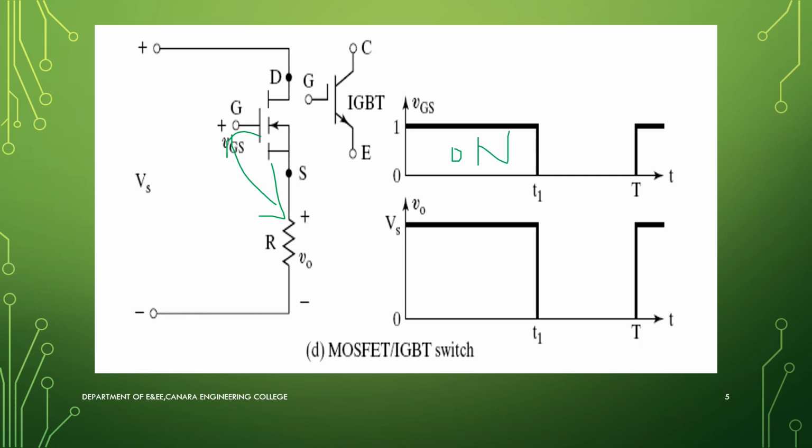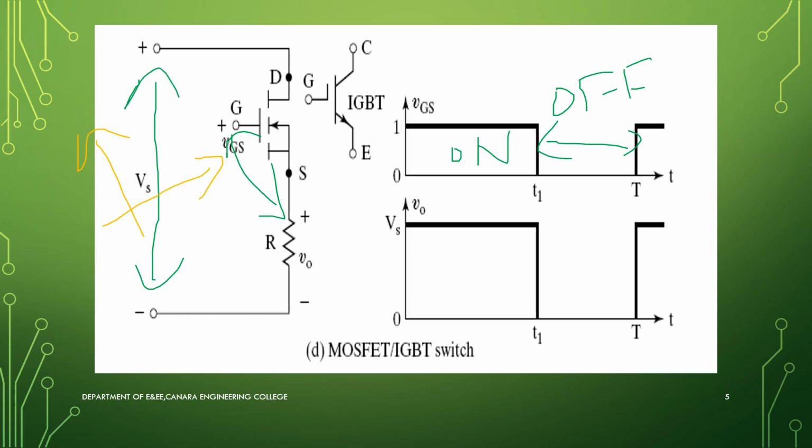When the signal is not applied, then this device will not conduct. It is in the off state. Accordingly, we get the output voltage either equal to Vs or equal to 0. This is the DC voltage with magnitude Vs.